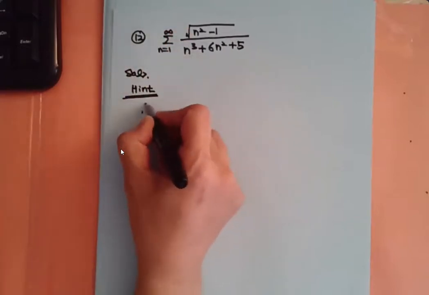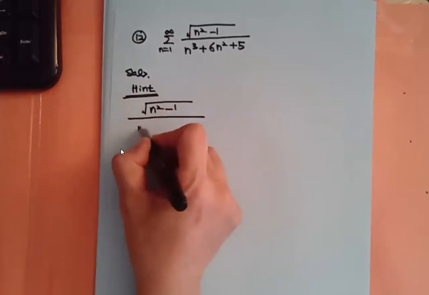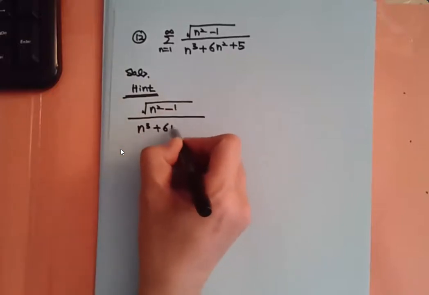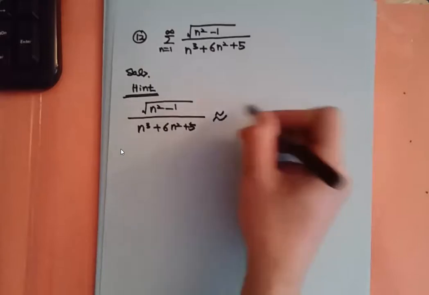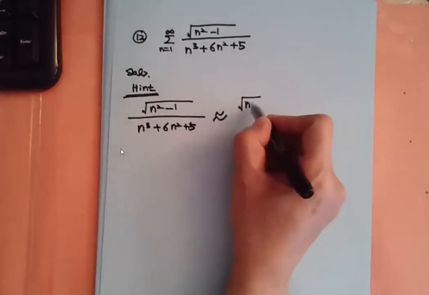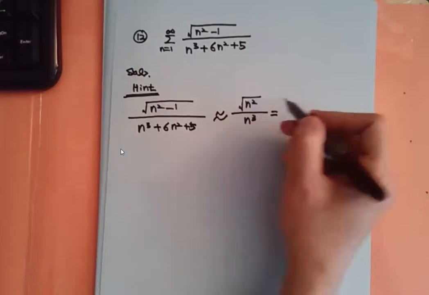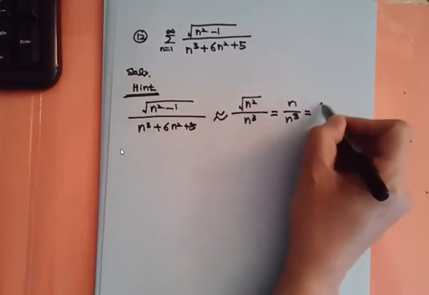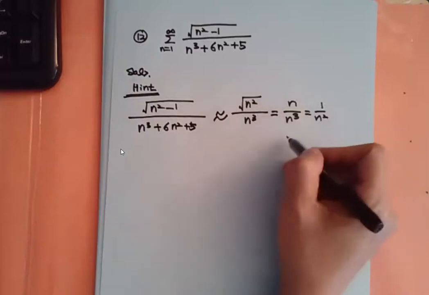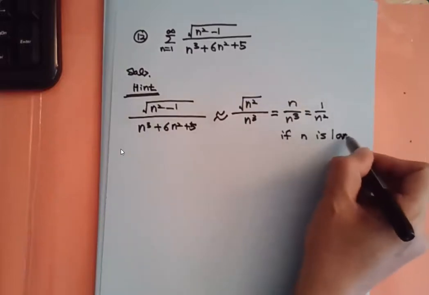So square root of n squared minus 1 over n cubed plus 6n squared plus 5 is approximately square root of n squared over n cubed. So the square root of n squared is n over n cubed, which is 1 over n squared, if n is large.